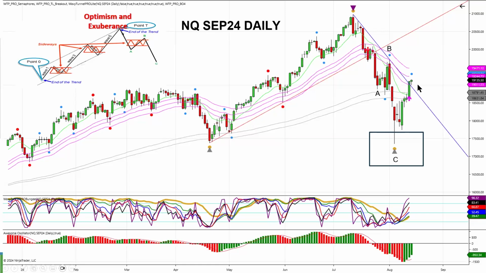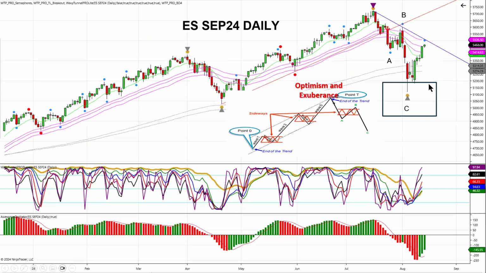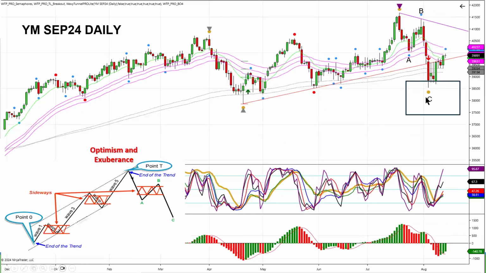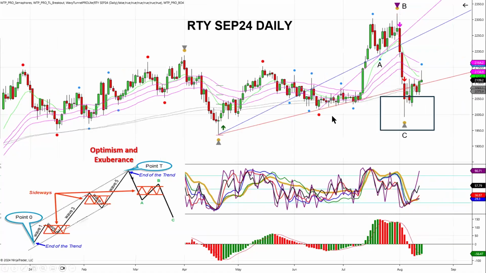So this showed up 8 candles ago, right? And then we have the ES, which also showed up 8 candles ago, and RTY. And then, of course, the YM never got the gray arrow. It just got a yellow dot. So this is just to show you the same market map in action on the scanner.